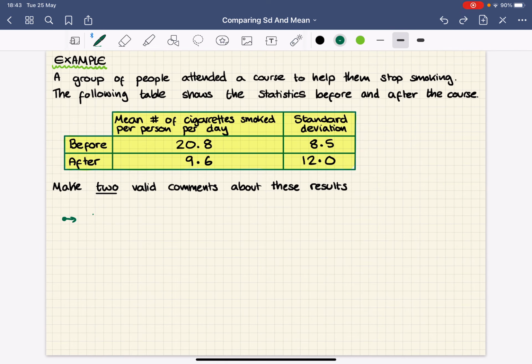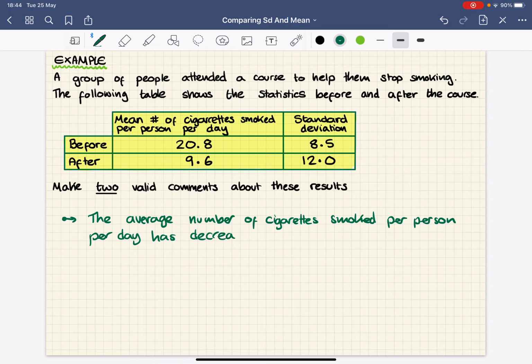So the average number of cigarettes smoked per person per day has decreased after the course, since that 9.6 is less than that 20.8.